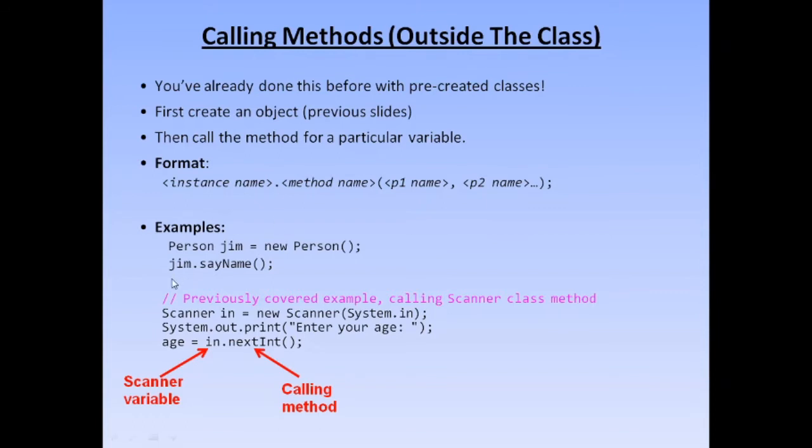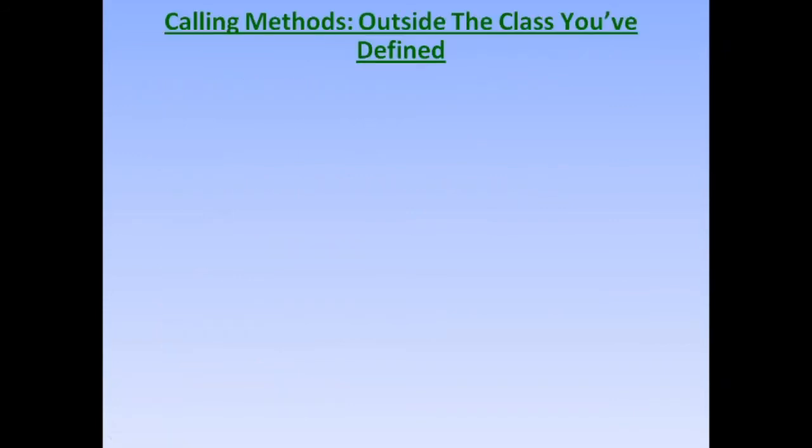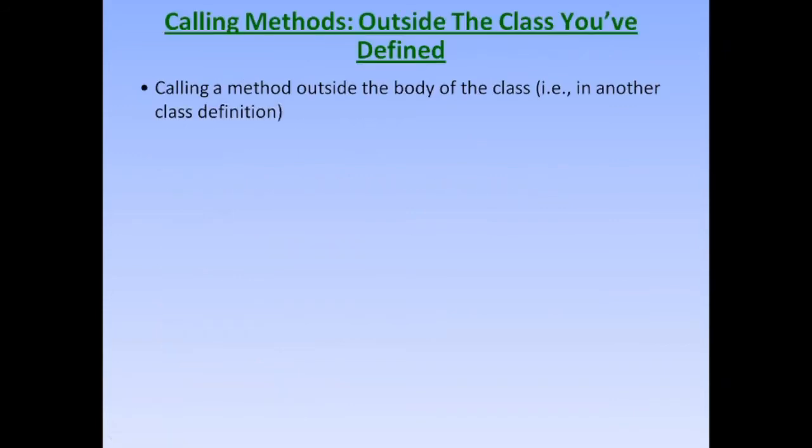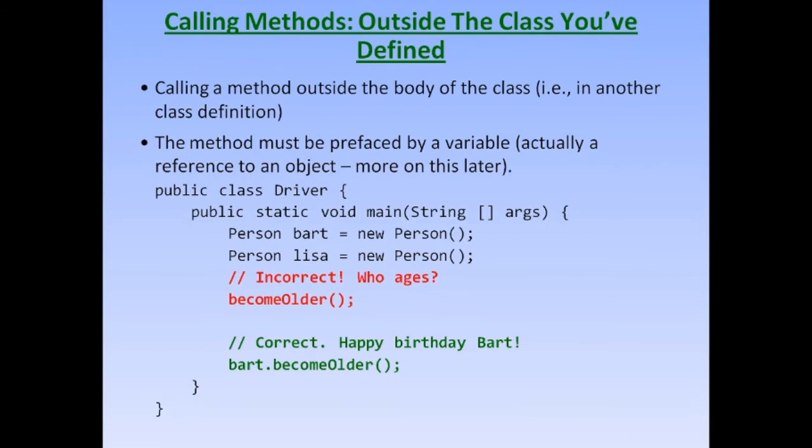Now, as you can see over here, this is the Scanner variable and this is the calling method, which are different from the class Person. Like public static void main, this is the class Driver. It has the main method, and inside this Driver class we are making objects of the Person class. We cannot specify the name of the method directly.